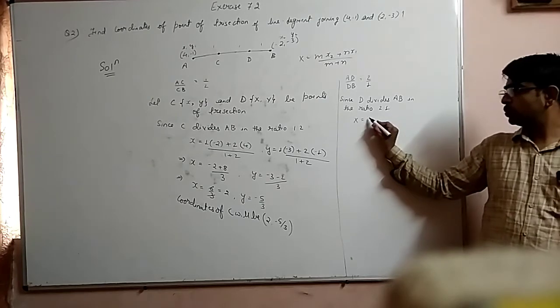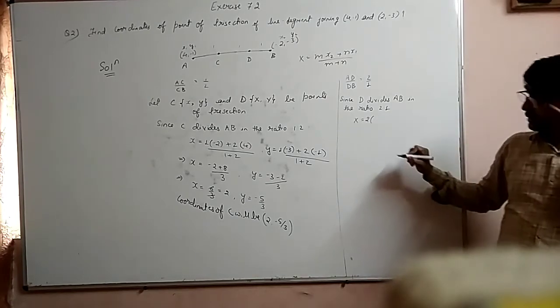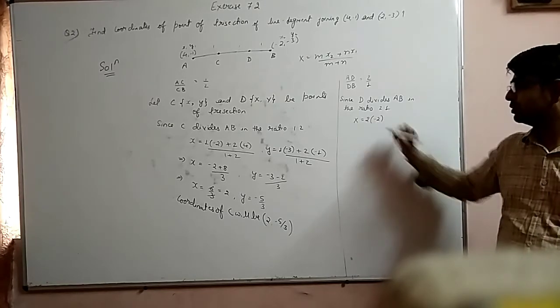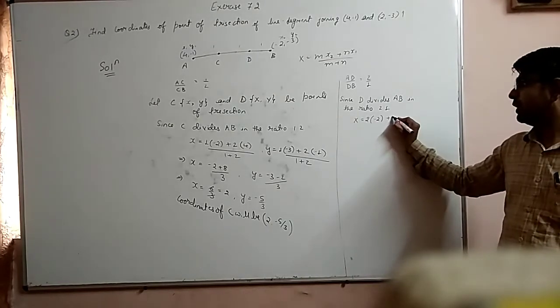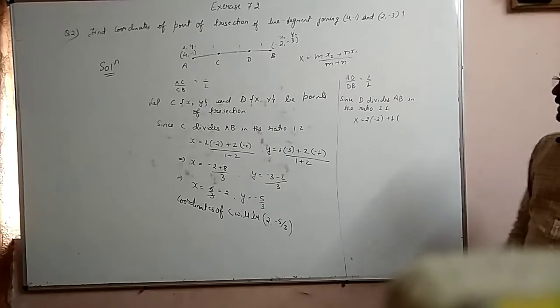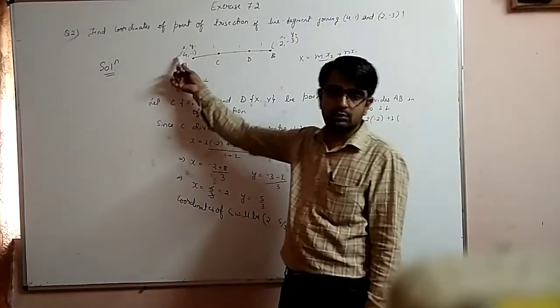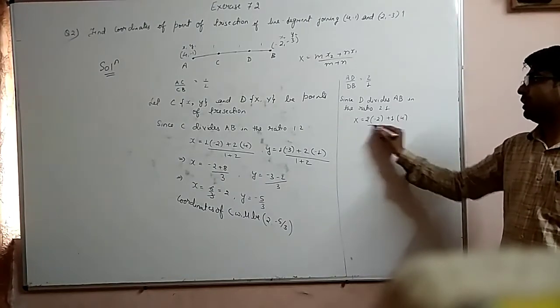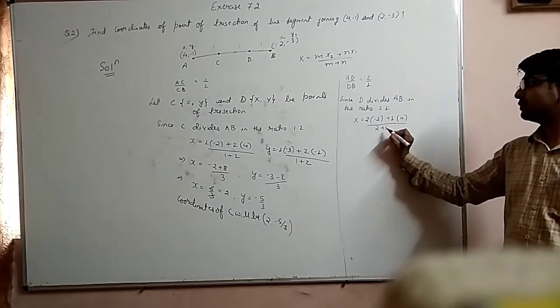It is 2, and x2 is minus 2, n is 1 and x1 is 4, over m plus n, so 2 plus 1.